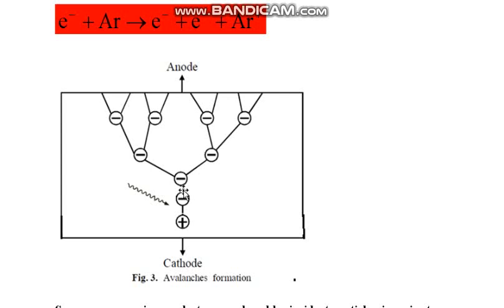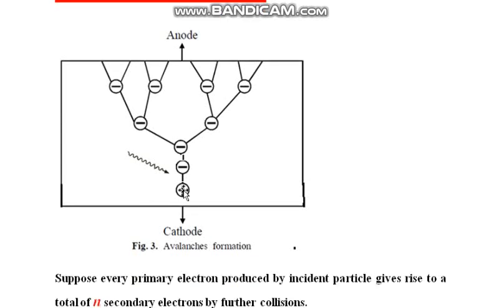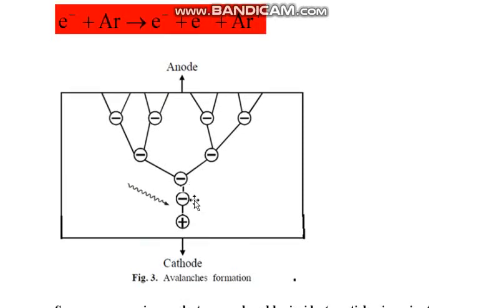Let us see this process in a little detail. As a primary electron collides with an argon molecule, it knocks out another electron from argon, which is called a secondary electron. So electrons are doubled. The primary and secondary electrons further gain energy through their acceleration towards the anode.